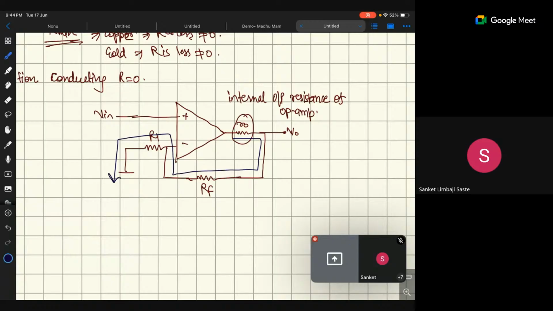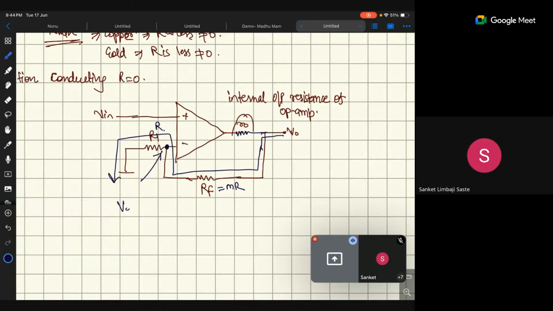So if you calculate the voltage at this point, what is the voltage? Say RF is MR and R1 is R. Because of the voltage V out, the direction of current is this one.